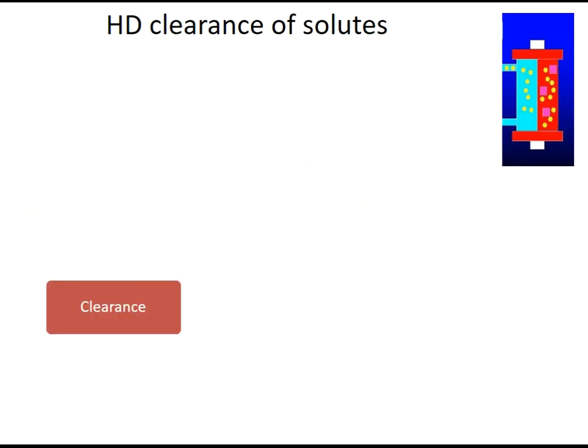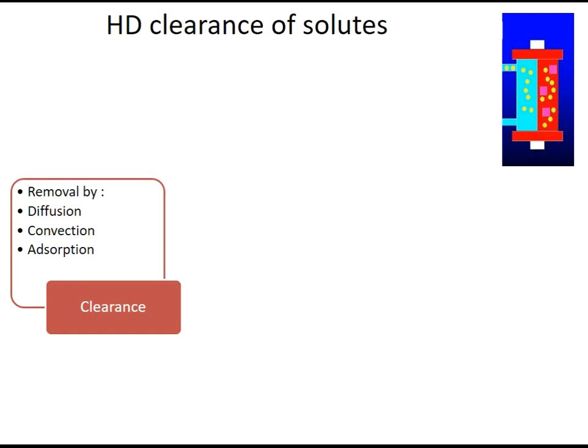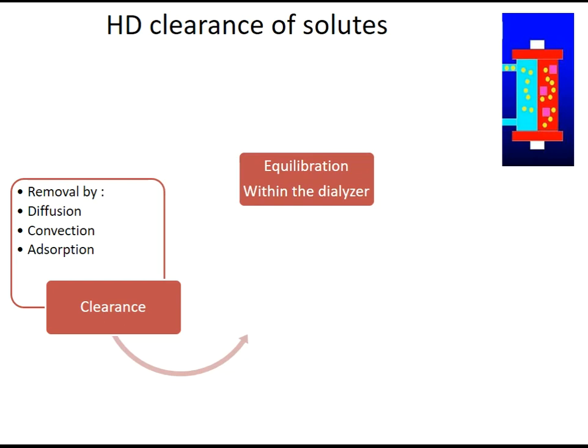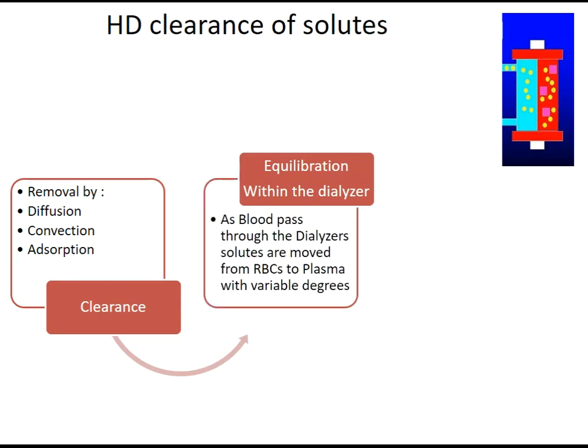During a hemodialysis session, clearance happens by removal of solutes through diffusion, convection, and adsorption. Equilibrium within the dialyzer between the plasma water and red blood cells is variable.